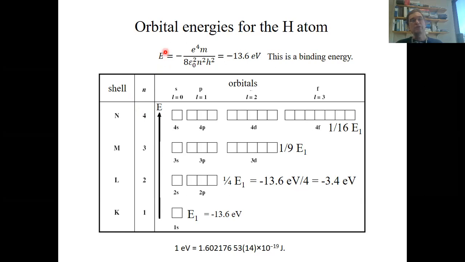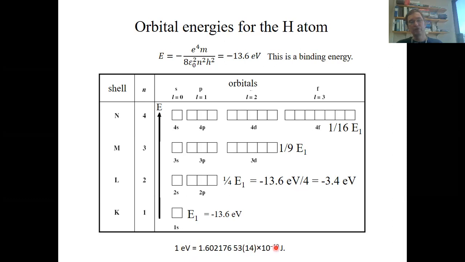So again, the energy is a constant over n squared, and the 1s orbital has the lowest energy, which is minus 13.6 electron volts. The energy of orbitals is usually provided in electron volts, because that is a convenient energy unit for orbital energies.